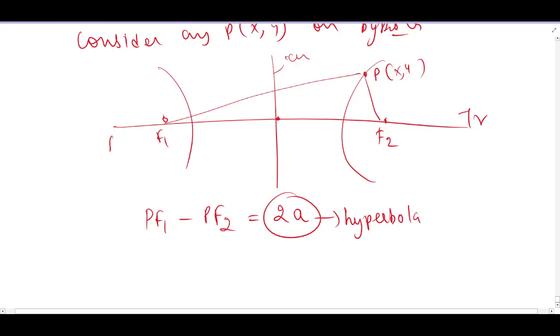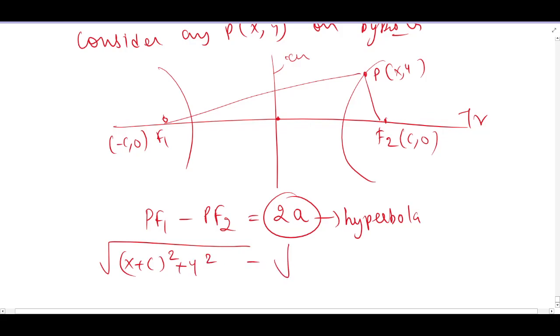So coordinates of F1 are minus c comma 0 and F2 is c comma 0. So by distance formula, root of x plus c whole square plus y square minus root of x minus c whole square plus y square is equal to 2a.